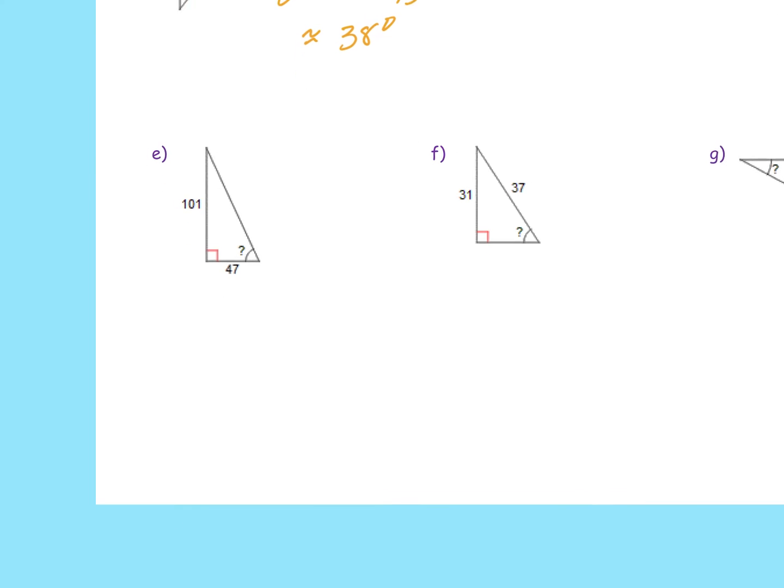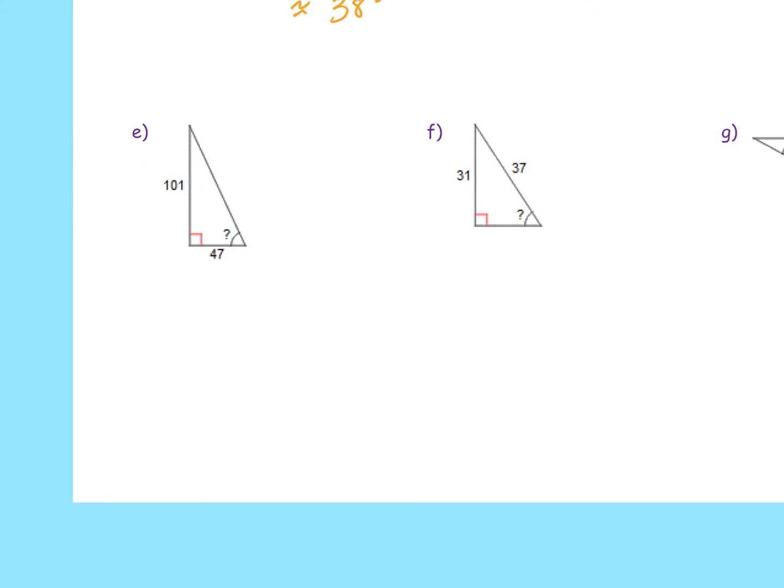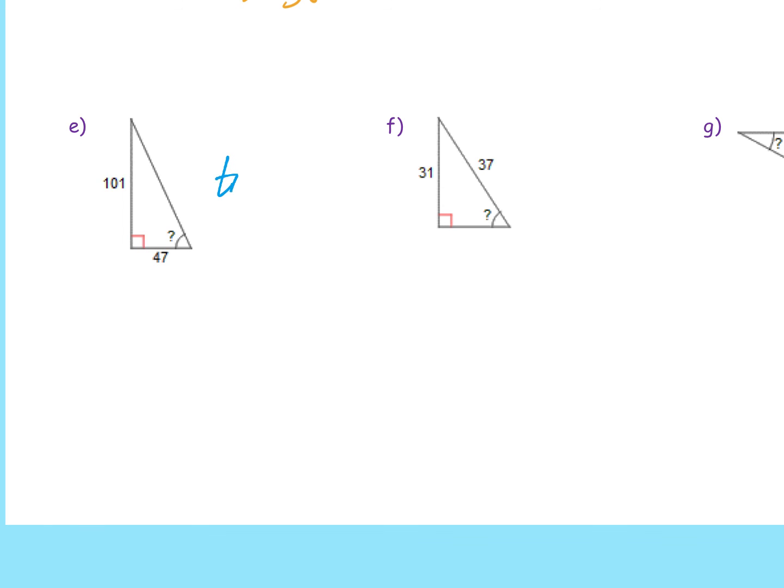And then we've got, what do we have here? Tangent, it looks like. Tangent of theta is going to be 101 over 47. So theta is going to be tangent inverse of 101 over 47, which is 65 degrees.